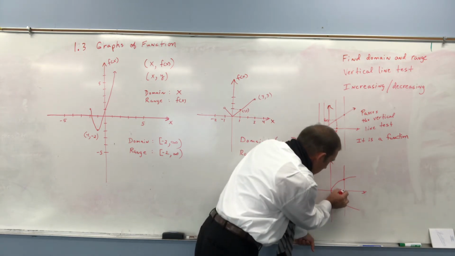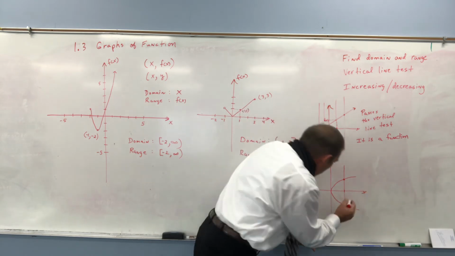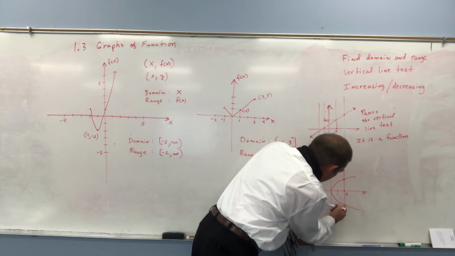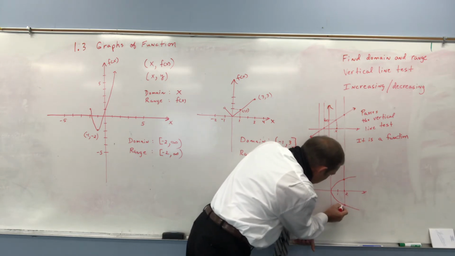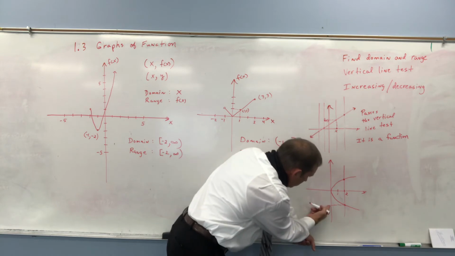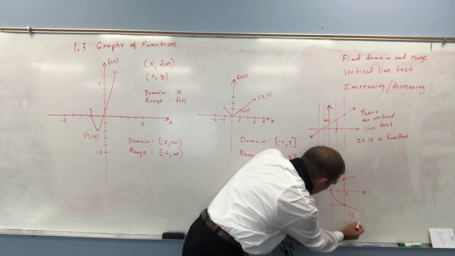Whatever this x value right here is. They both have that x value. Let's suppose it's 2 right there. So the ordered pair for this point is going to be 2 something.